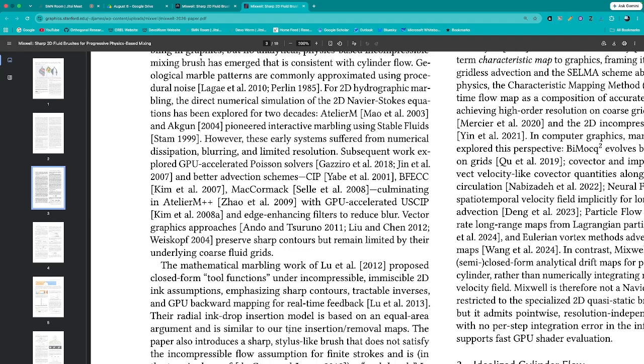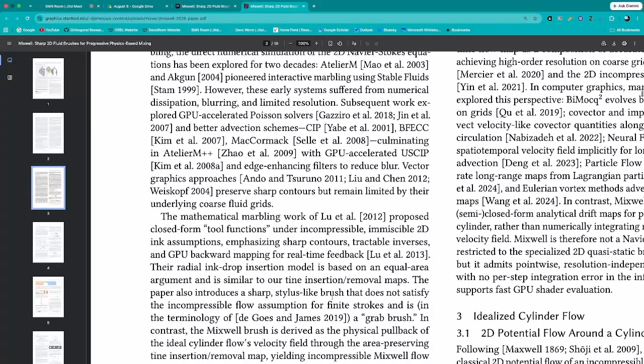Vector graphics approaches preserve sharp contours but remain limited by their underlying coarse fluid grids. And so there's also mathematical marbling work, which proposed closed-form tool functions under incompressible, immiscible two-dimensional ink assumptions, emphasizing sharp contours, tractable inverses, and GPU backward mapping for real-time feedback.